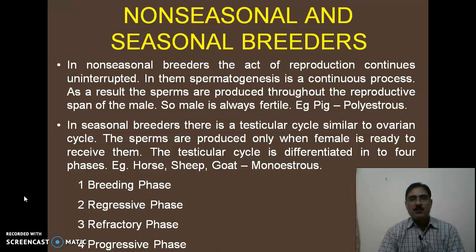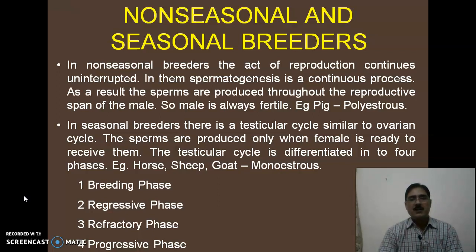So in them, spermatogenesis is a continuous process. As a result, sperms are produced throughout the reproductive span of the male. It means the male is always fertile, as in the case of pig or cattle, which are polyestrous.